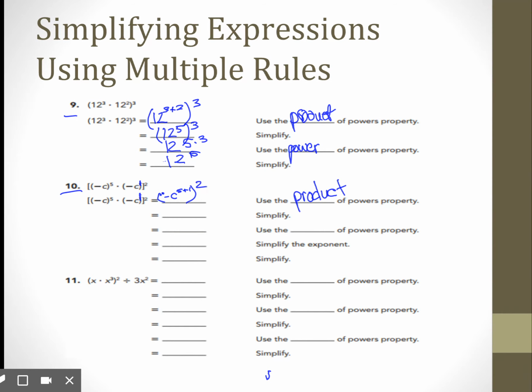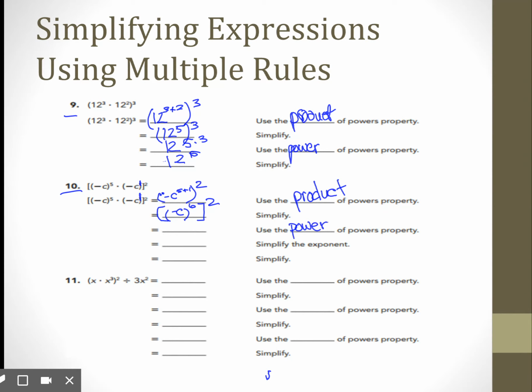So I have 5 plus 1, negative c to the 6th power, in parentheses, all raised to the 2nd power. That's simplified. And now I can again use the power of a power property.